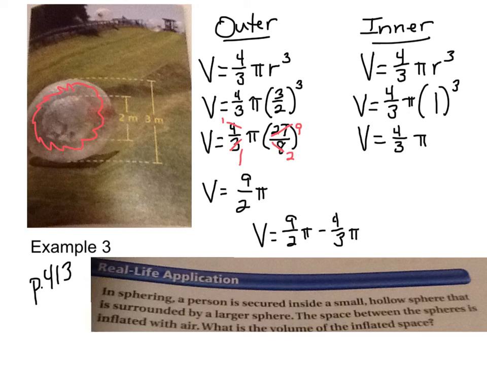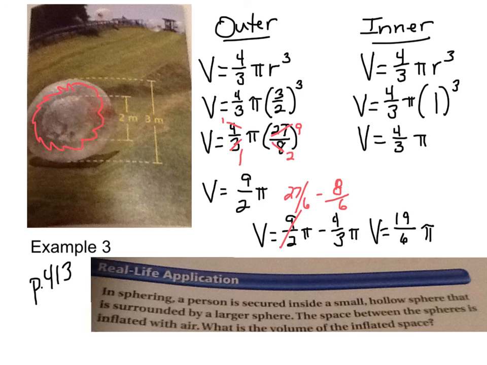Well, we can get a common denominator here. That gives me 27/6 minus 8/6. So 27/6 minus 8/6 gives me 19/6 pi. So that would be the volume of the inflated space.